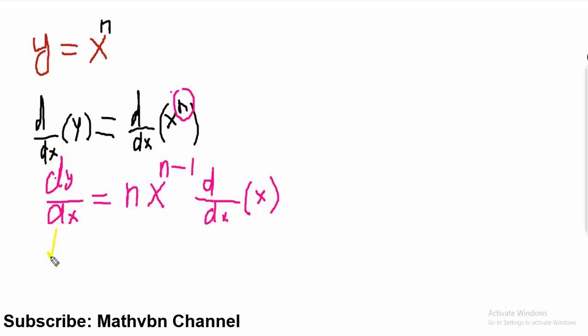This is dy over dx and equal to n x raised to n minus 1. Here d over dx of x is equal to 1, and we have as answer n into x raised to n minus 1. So this is the power rule of derivative.